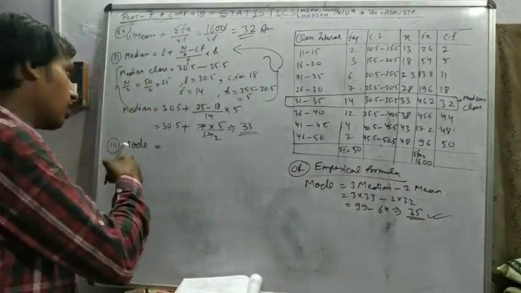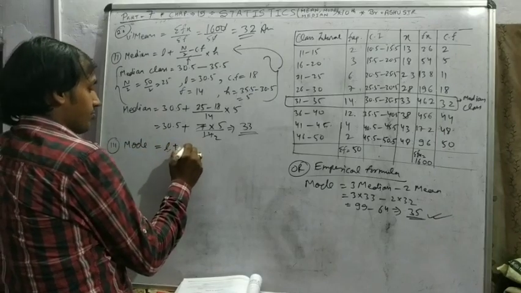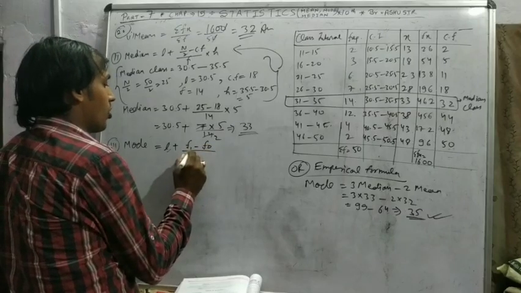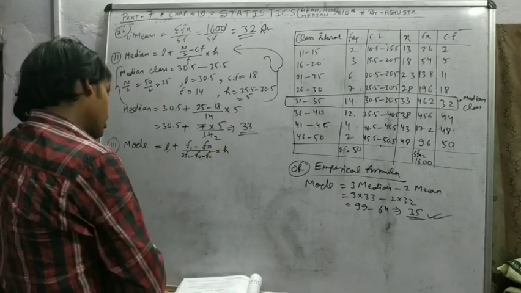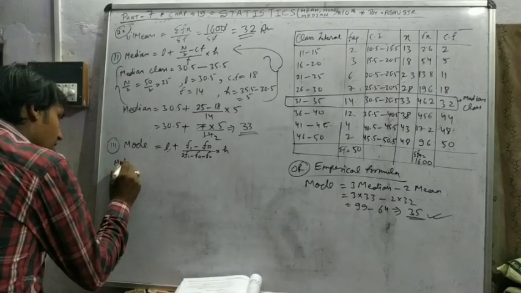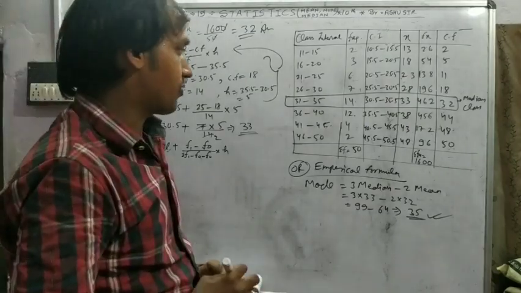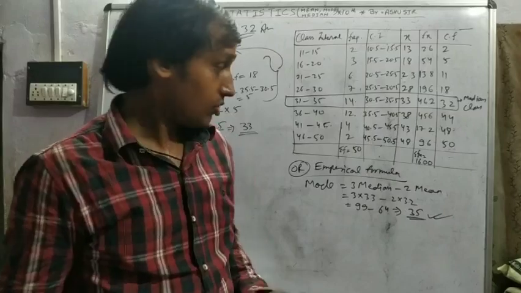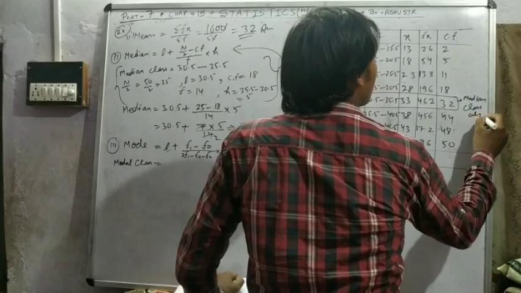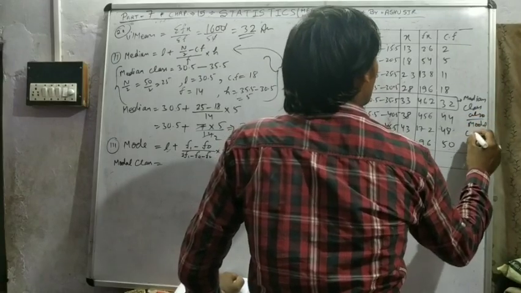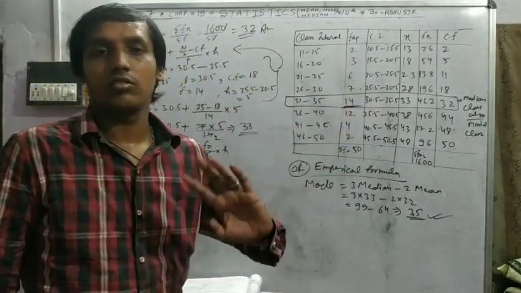But we can also find the mode by the formula: L plus f1 minus f0 upon 2f1 minus f0 minus f2 into h. The modal class is the class interval having the highest frequency. In this question, this is the median class and also the modal class, because the highest frequency, 14, is here.